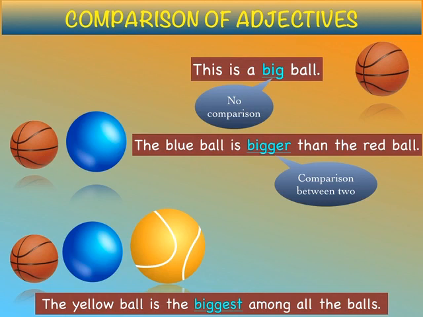So biggest is an adjective and it is another form of the adjective big, and it is used when we are comparing more than two things, just like in the image we are comparing three balls. So students, we use big as an adjective when there is no comparison. We use the adjective bigger when we are comparing two things, and we use the adjective biggest when we are comparing more than two things.